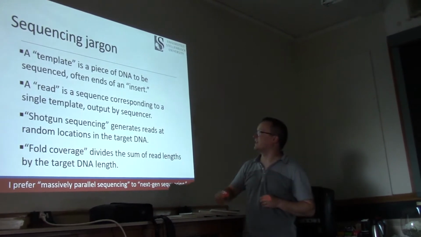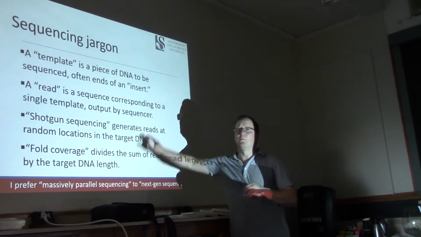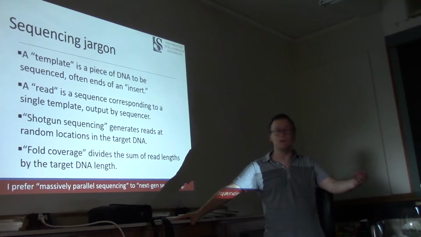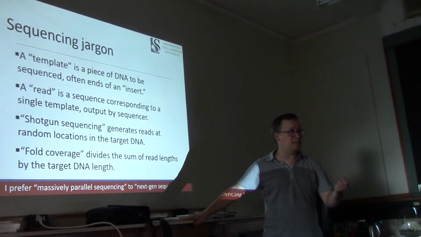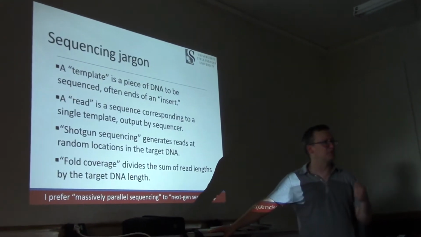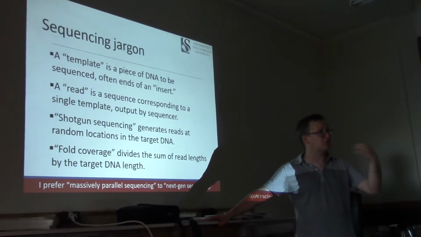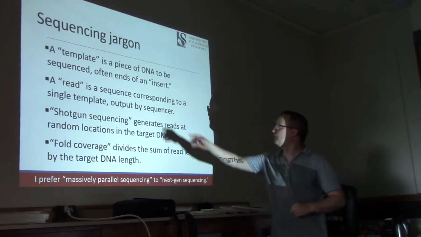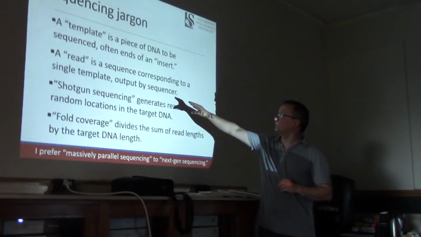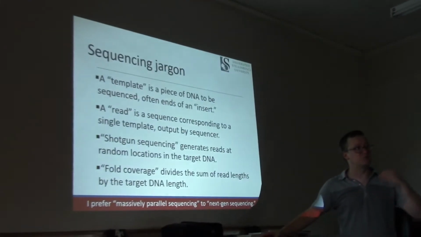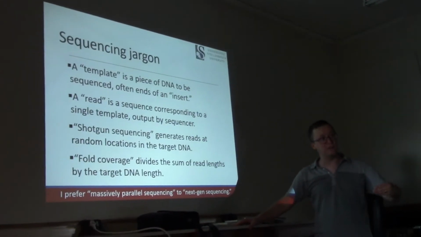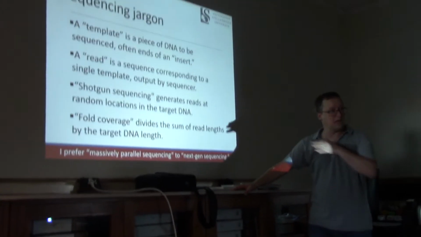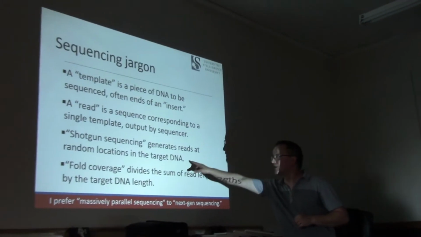Now, we have as an input to the sequencer a template DNA piece, and the output is a read. That's the sequencer's interpretation of what it saw for that piece of DNA. We're going to talk about what these reads look like and the kind of information associated with them as we move through this first half.